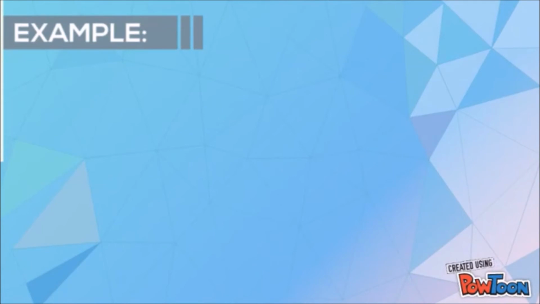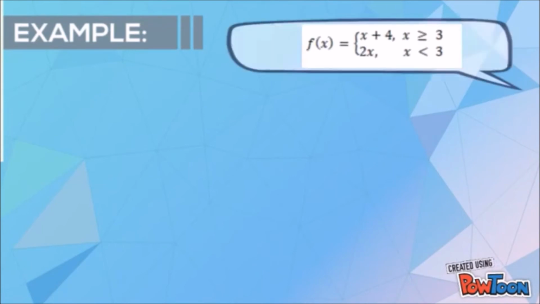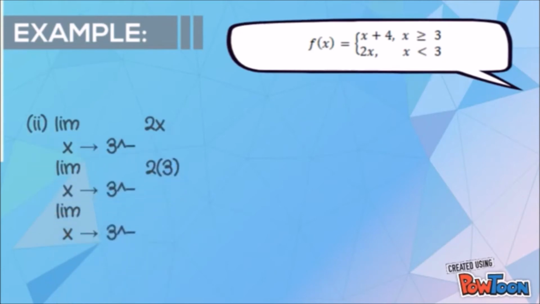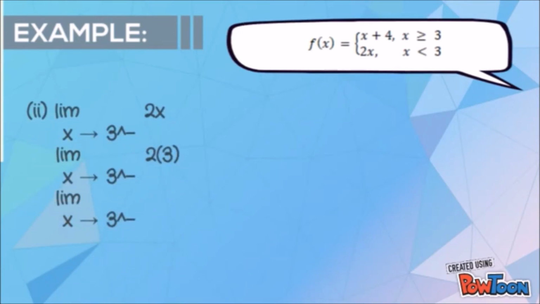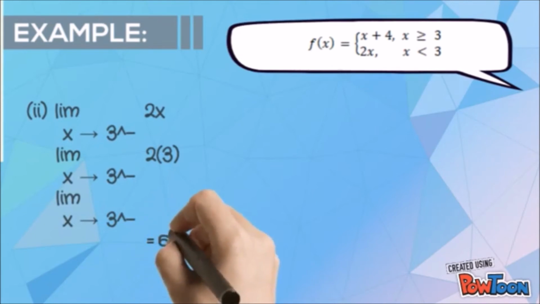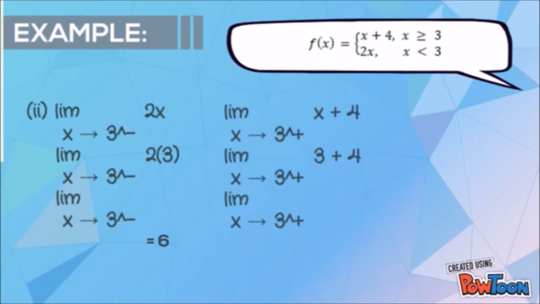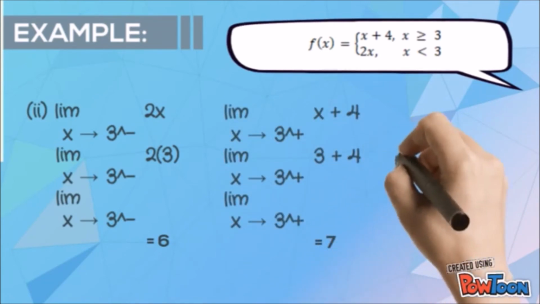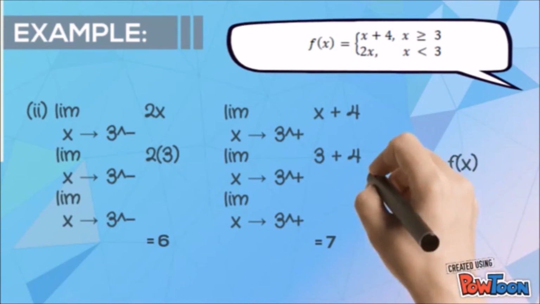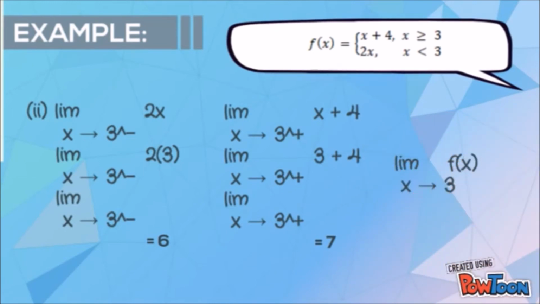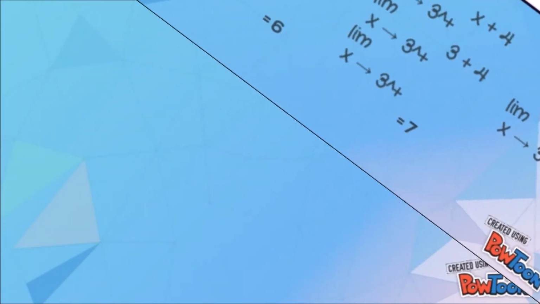Let us now get the limit of the function as x approaches 3. But first, let us get the left and right hand limits. We will use the function 2x for the left hand limit since it includes the values less than 3, while we will use the function x plus 4 for the right hand limit since it includes the values greater than 3. Since the left and right hand limits aren't equal, the limit of the function does not exist.